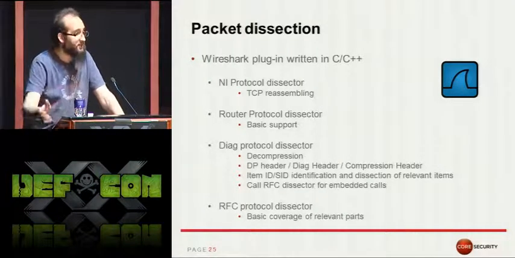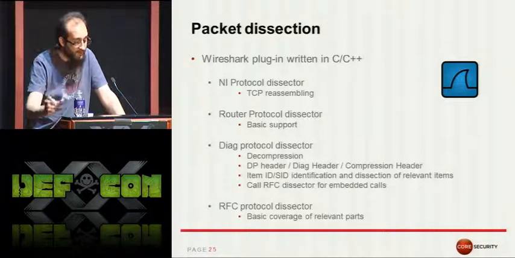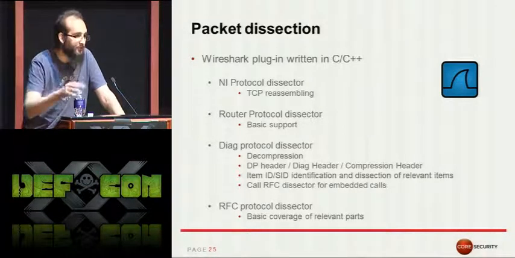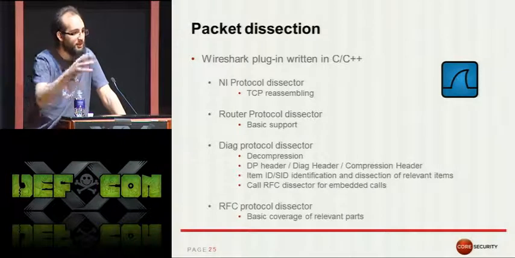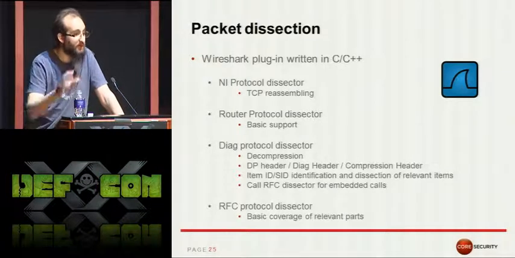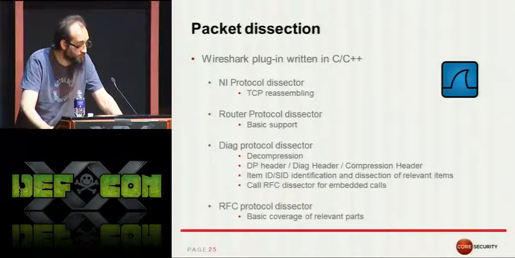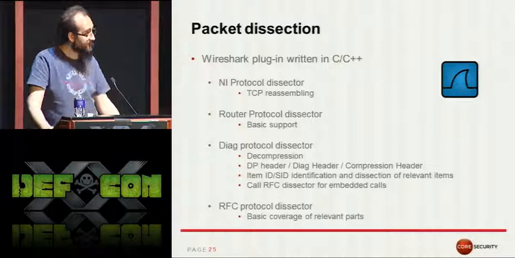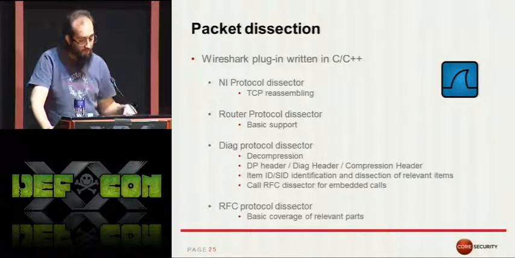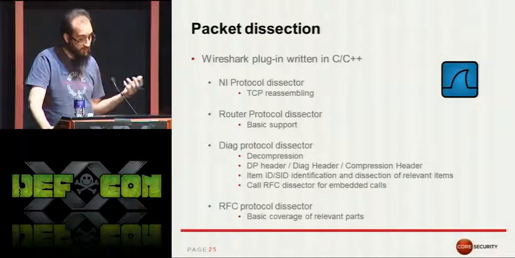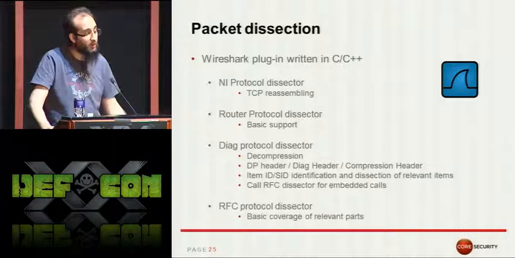It also identifies the different items, and some of the most relevant are also dissected. The values of those items are also dissected. And this dissector also calls the RFC dissector when it finds an embedded code. So the last dissector is for the RFC protocol.